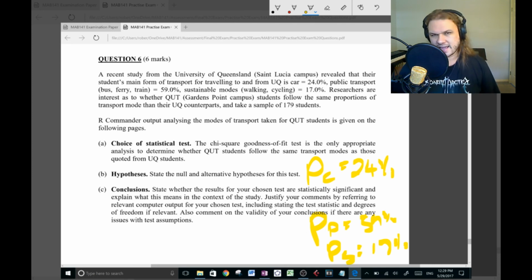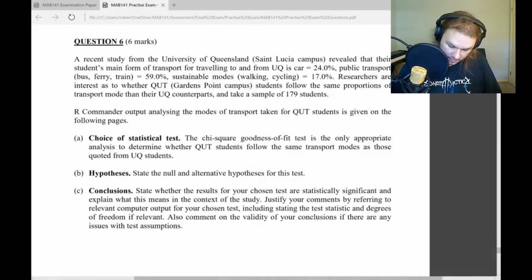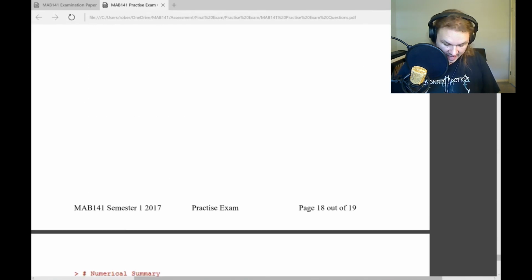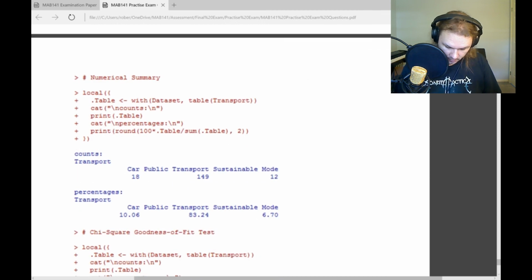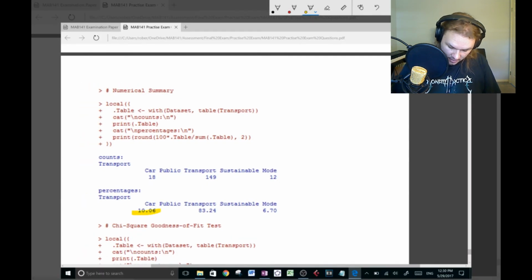So those are the given set of proportions that you are testing our data against. Our data won't be 24, 59, 17. In fact, our data is 10, 83 and 7. So that's not the same as 24, 59 and 17.